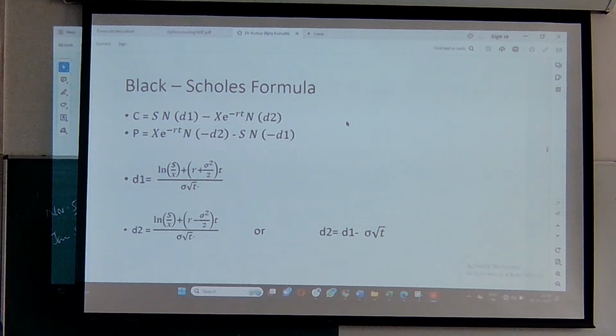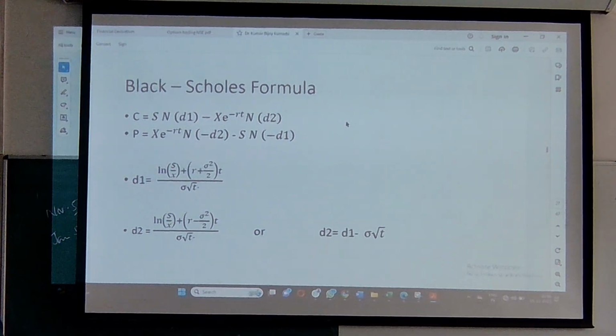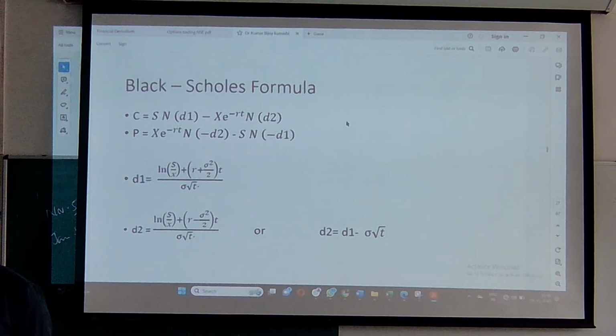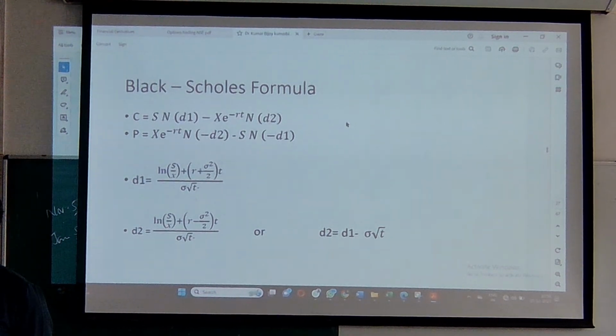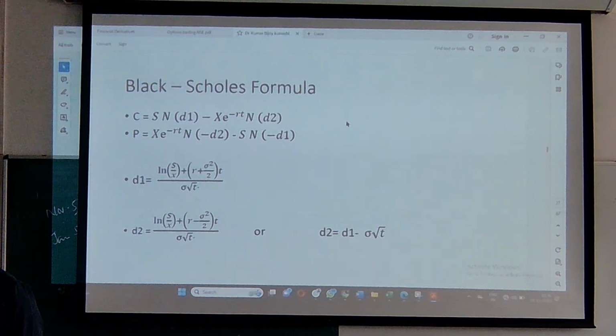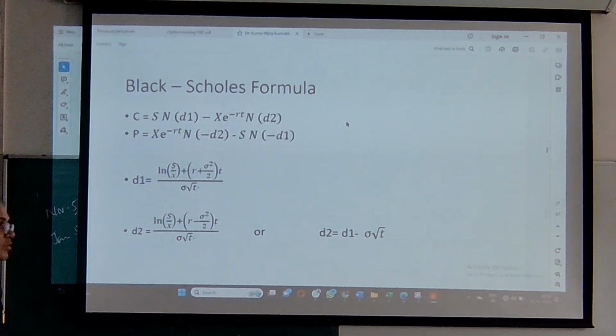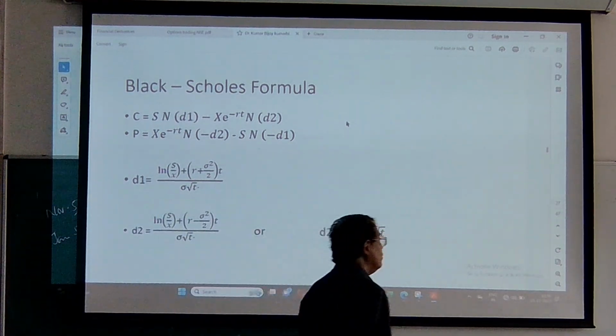Normally people prefer to calculate d1 and, instead of recalculating d2, they directly deduct sigma root t, and it will be d2. So finally, ST is nothing but S0, and how the value comes up I am writing there. So you will find out your value.